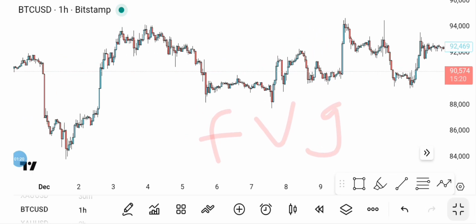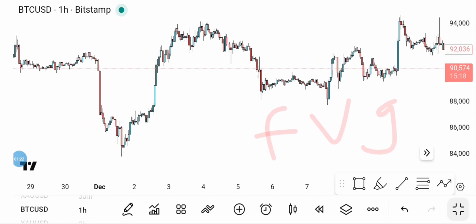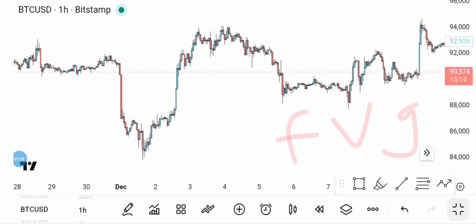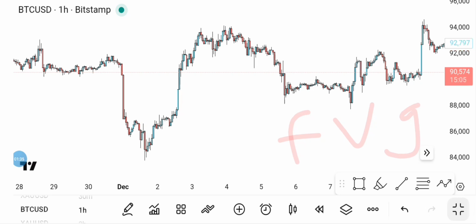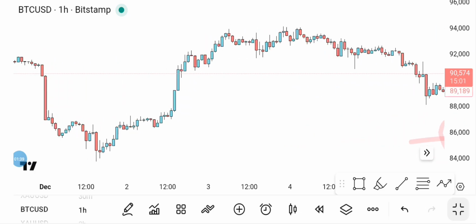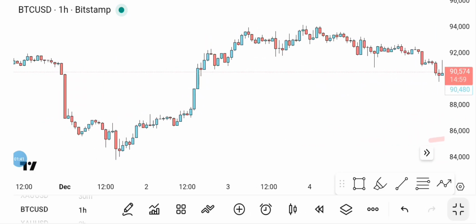So let's get into the explanation part now. The fair value gap is a two candlestick action, just like imbalance, like the drop base drop or the rally base rally. Now let's put one here. We can get anyone here. Okay, now let's start from this.